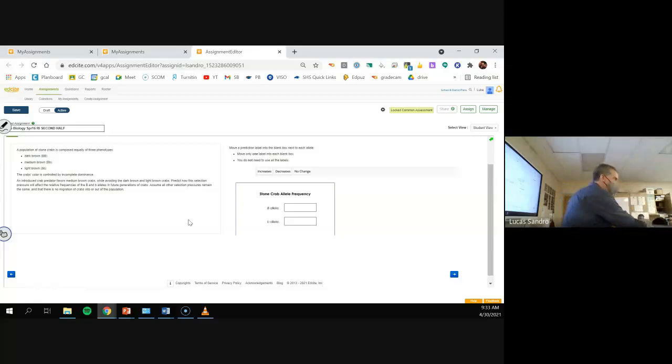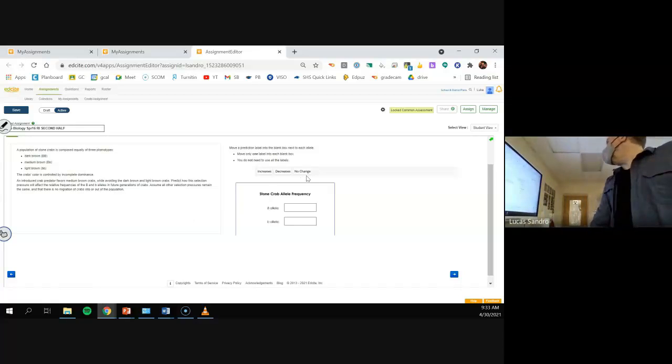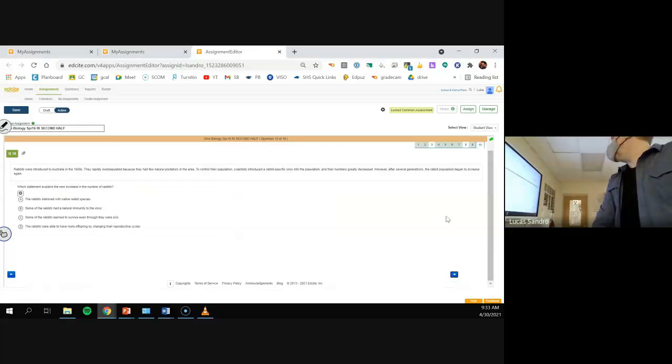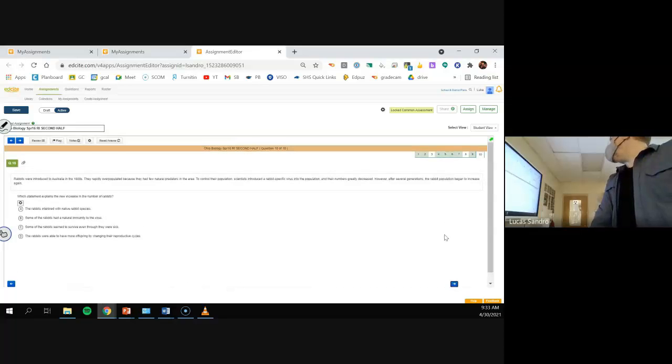If you take one of each kind every time, they stay the same, don't they? Yeah, so the answer is no change for both, which I think probably threw a lot of people, which is why they threw this out, but you would get it right, I hope.